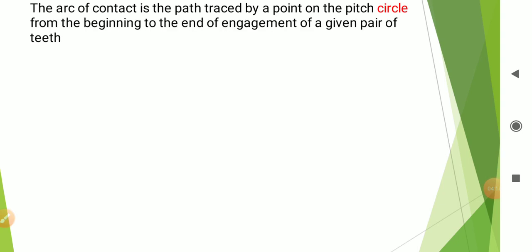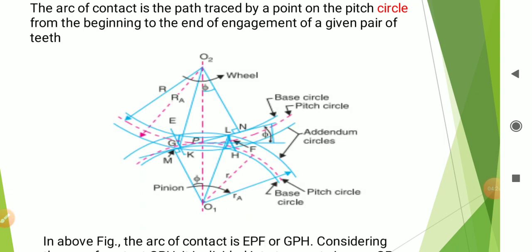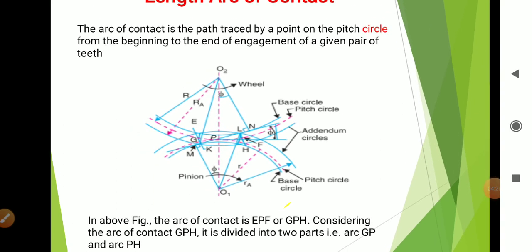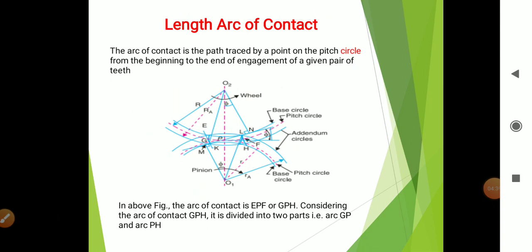So this is the figure. The arc of contact is the path traced by a point on the pitch circle from the beginning to the end of engagement of the teeth. In the above figure, the arc of contact is GPH. Considering this, the arc of contact GPH is divided into two parts, arc GP and arc PH.